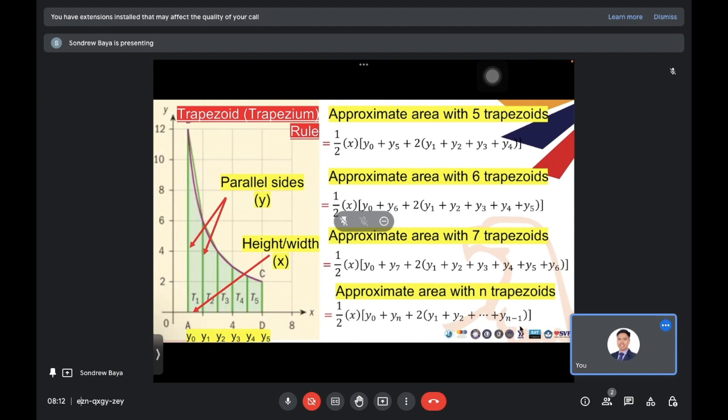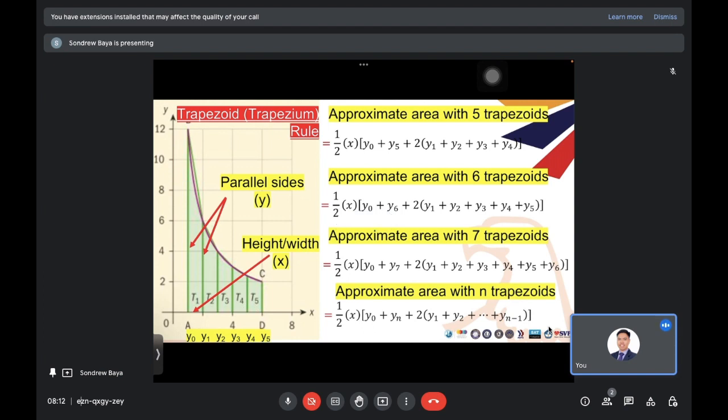That's why we had n minus 1. So if there are 7 trapezoids, this would be the sixth one, 7 minus 1, the sixth one, just like this. All right, and this, my students, is the general notation for the trapezium rule.